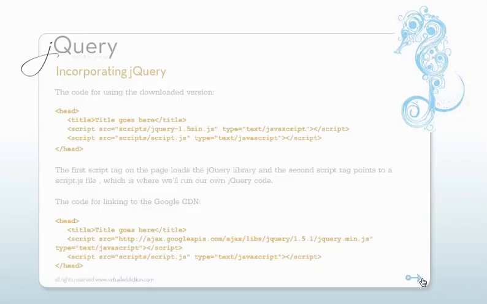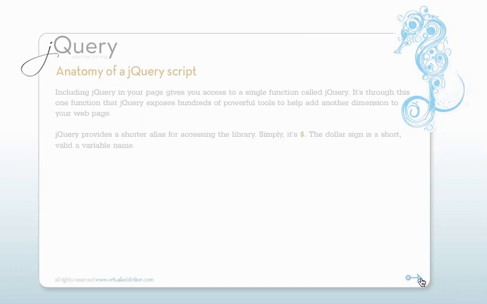All right. The next thing we're going to be talking about is the anatomy of a jQuery script. Including jQuery in your page gives you access to a single function called jQuery. It's through the one function that jQuery is going to expose hundreds of powerful tools to help add more dimension to your web page. The jQuery library is contained in the jQuery namespaces.